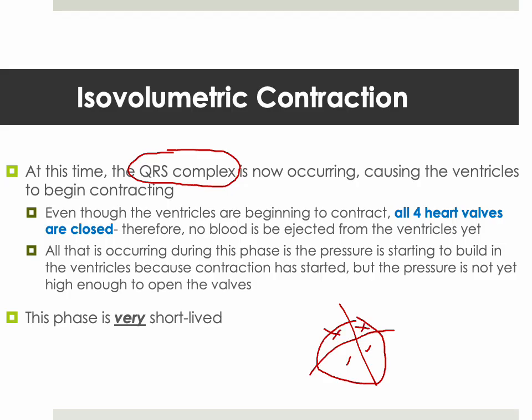The ventricles are starting to contract, not fully there yet. All 4 valves are closed, okay? This is where the pressure starts to build up. The contraction is just starting, and the pressure is mounting. But all 4 valves, meaning the AV valves and both semilunar valves, are closed, okay?